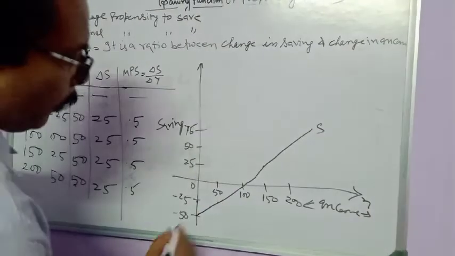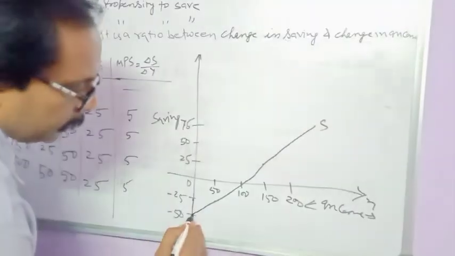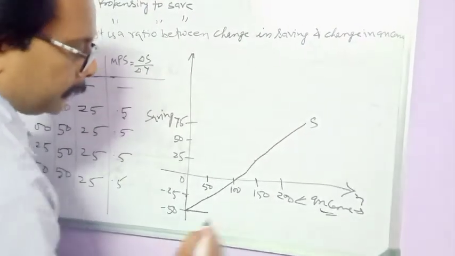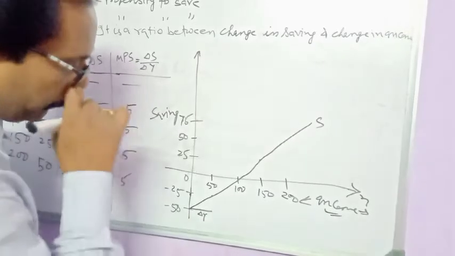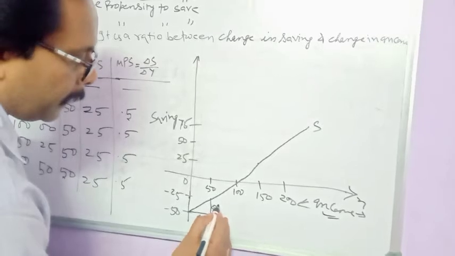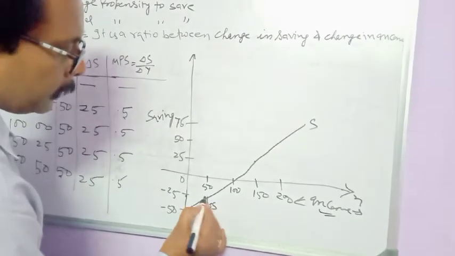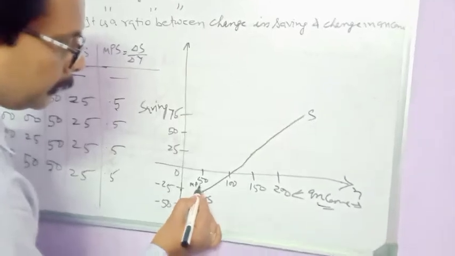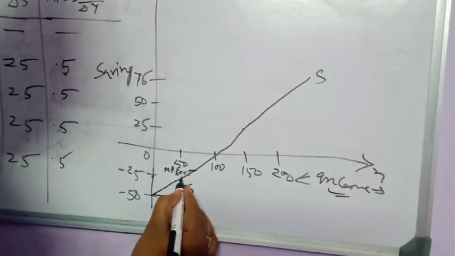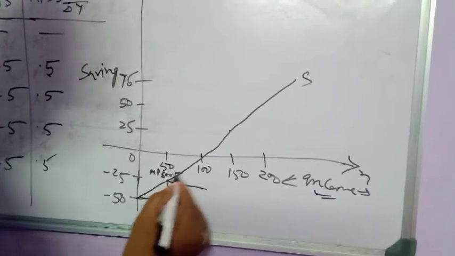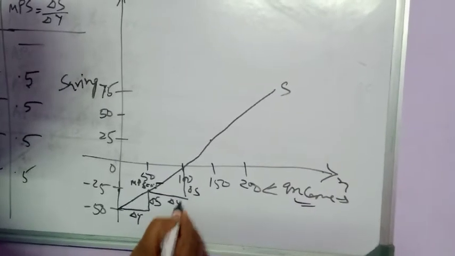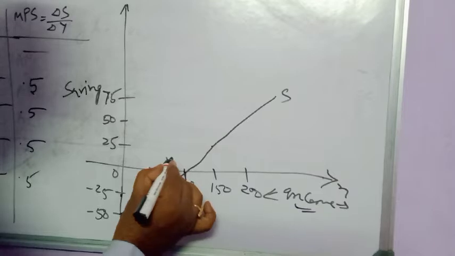So what do you find? This is the change in income, because horizontal lines indicate income, and vertical lines indicate the saving, so that is our delta S. So at this point the MPS is equal to 0.5. Now again the income changes from 50 to 100 and the saving also changes, so at this point the value will be 0.5.